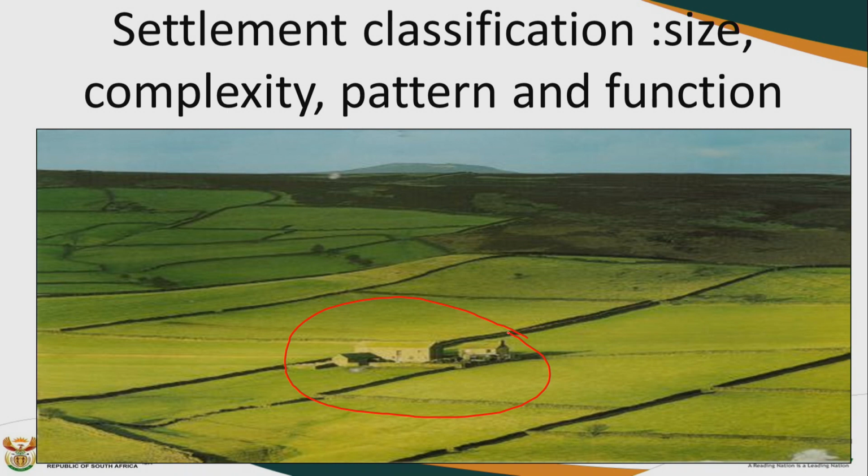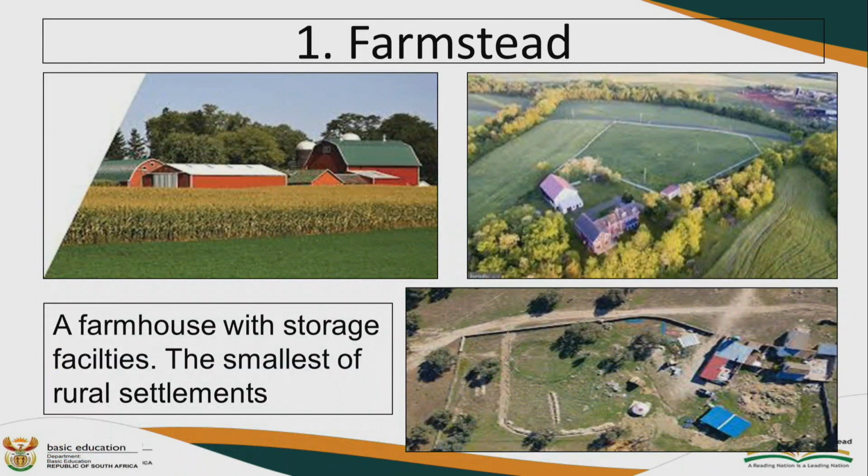But this is an example of the smallest and least complex of our settlements. What I would like you to have a look at here, please don't get confused between farmhouse, but this word stead or steed, its actual definition is the farmhouse, so the X is the house, but it includes any kind of storage facilities.